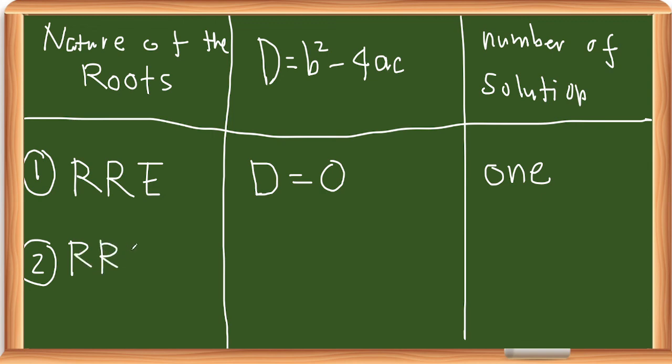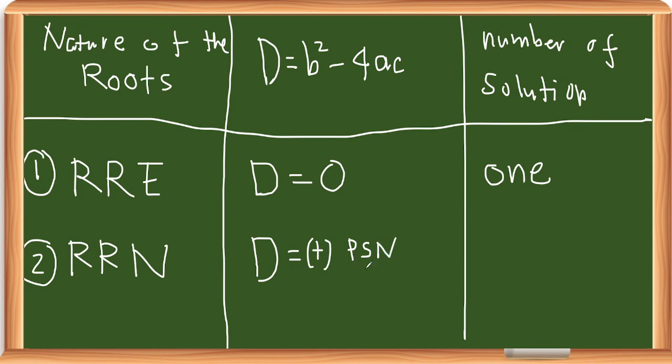So, real, rational, and not equal. When it is real, rational, and not equal, what is its discriminant? Positive perfect square po. Very good. Thank you, Lara. So, that is a positive perfect square number.